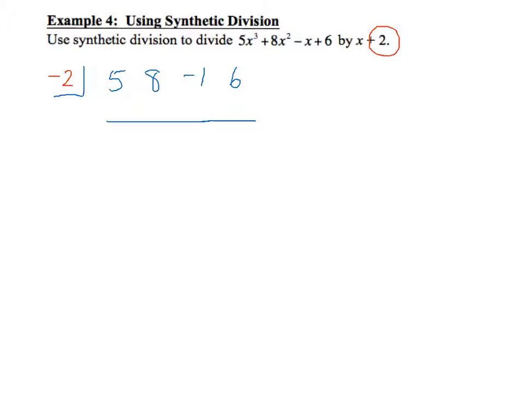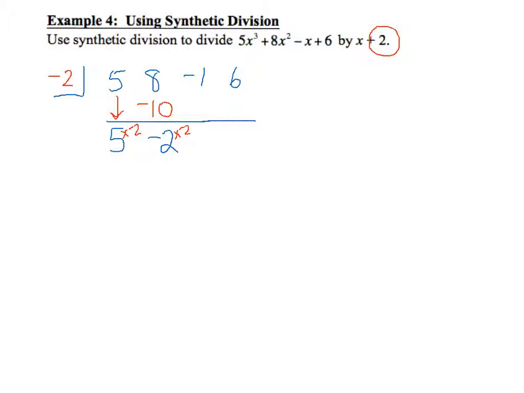Alright, so the first number to bring down, bring the 5 down below the line. And then anything below this line you have to multiply by whatever is inside the box. So we're going to multiply this by -2, that gives you a -10. So if you add those down, then you end up getting a -2 here. So you multiply this -2 by the number in the box.